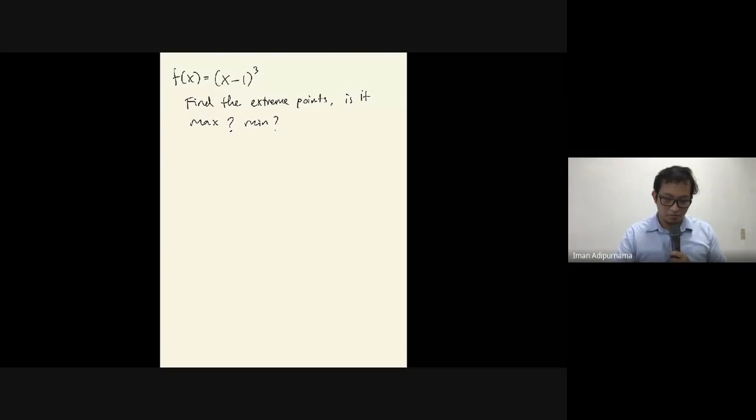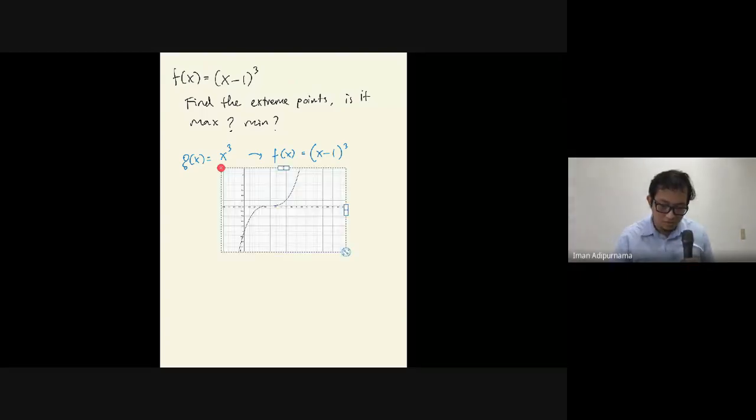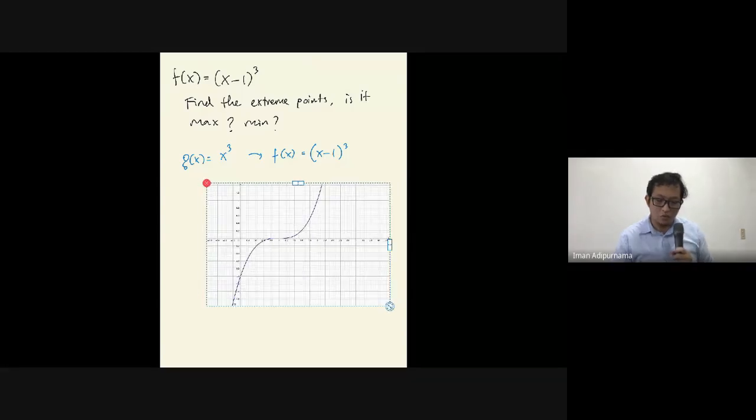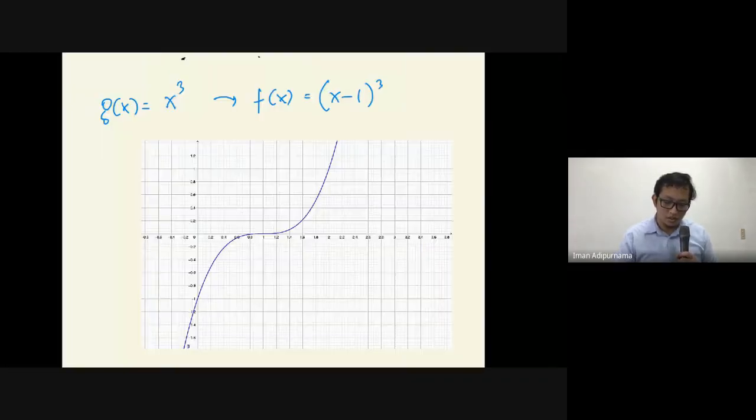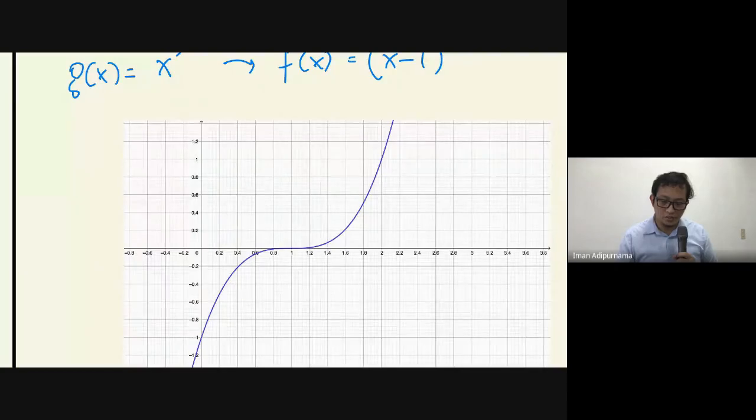So if you see the function, you can think of it this way. If you have g(x), let's say it's x cubed. If you move the graph to the right by 1, it will be our f(x), right? So basically, this is the x cubed graph, but you are moving to the right side by 1 point.